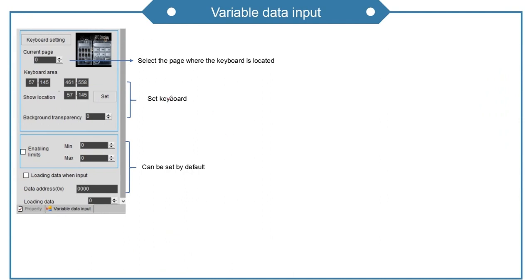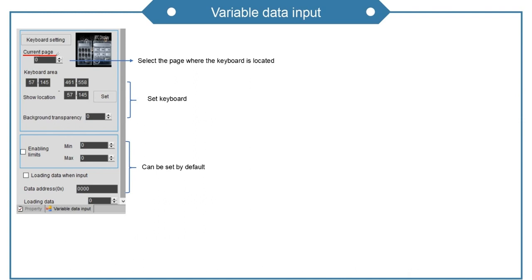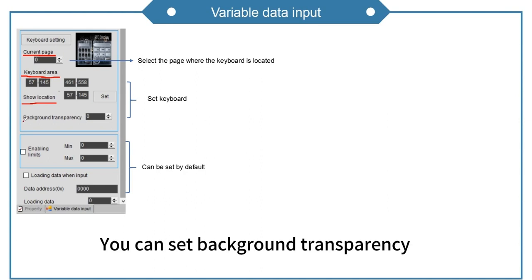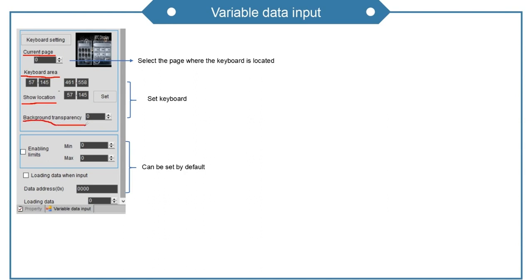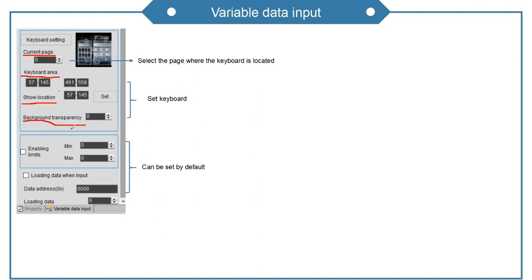Keyboard setting. Select the page where the keyboard is located. Choose keyboard area. Set show location. You can set background transparency. Keep the rest of the parameters as default.